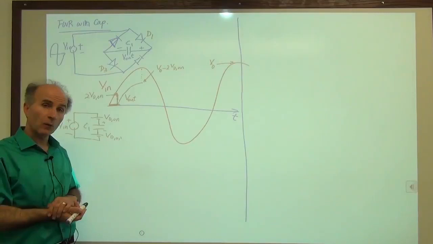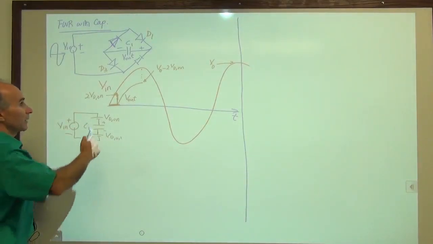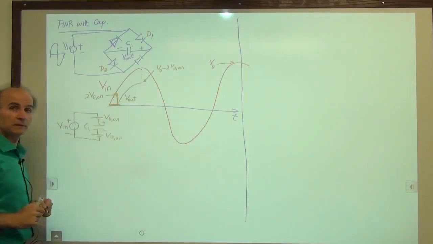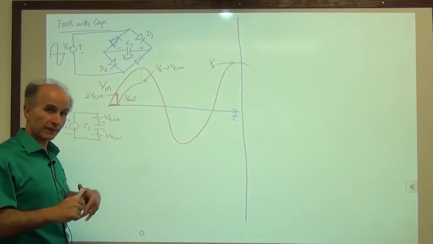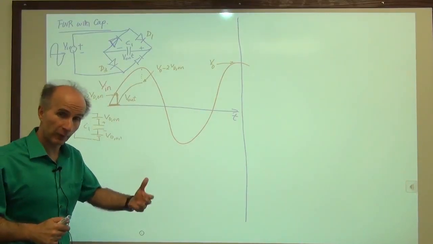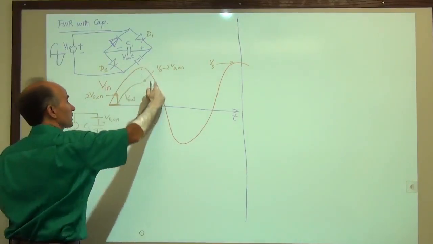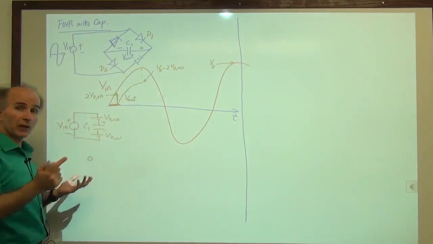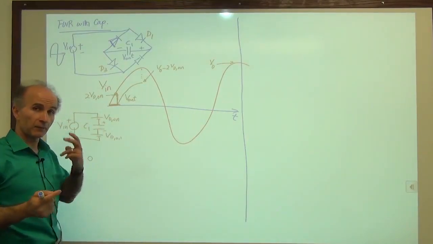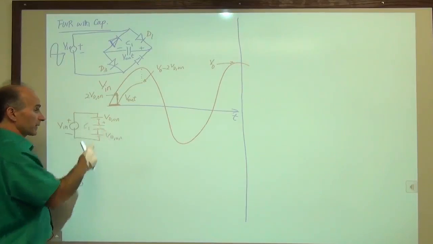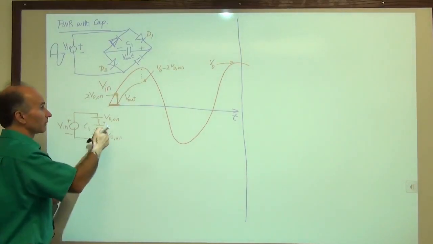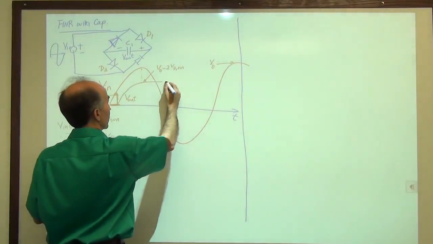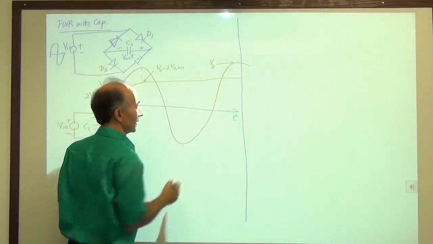Okay, good. Now what happens if the input starts falling? Well, the philosophy is the same as what we had for the half-wave rectifier. Once the input starts falling, both of the diodes have to turn off. There's no other way. And if both turn off, the voltage on the capacitor remains constant. So the output voltage remains constant. And that's like this, indefinitely.